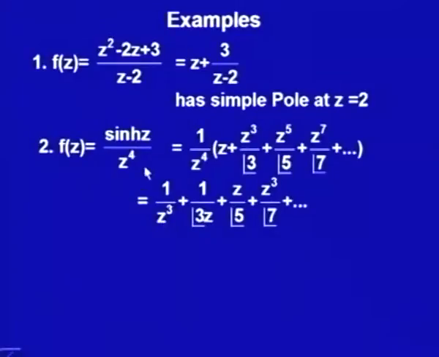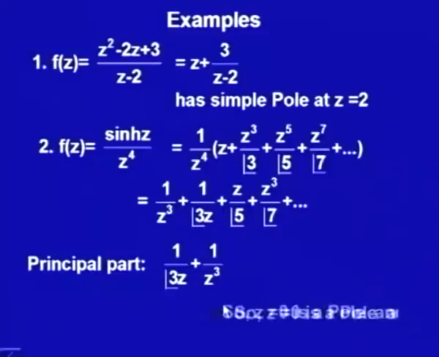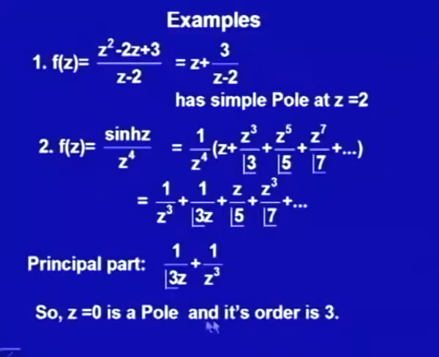Here z₀ is 0, and we have terms up to 1/z³, that is the term b₃. So we actually have 3 terms in our principal part, where b₂ is actually 0. So we have a pole at 0 for this function and the order of that pole is 3. So z = 0 is a pole and its order is 3.